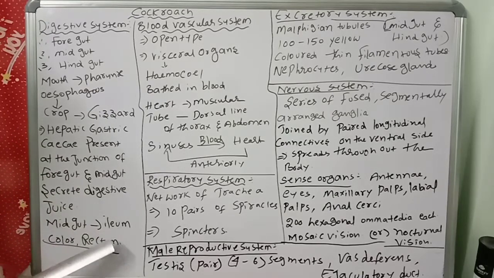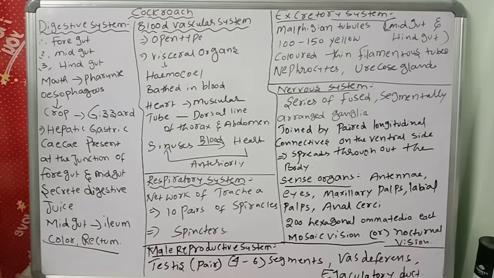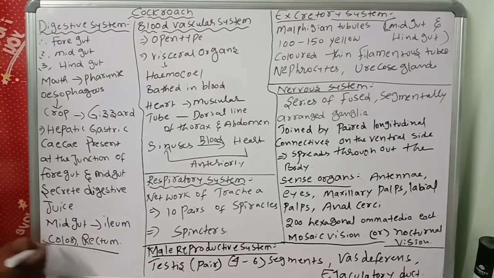The hindgut is divided into a very important set of parts: ileum, colon, and rectum. Those are the parts. So that is about the digestive system. From the rectum to the anus it will be there.